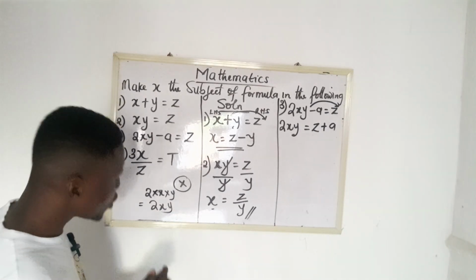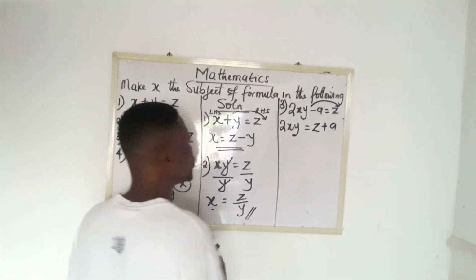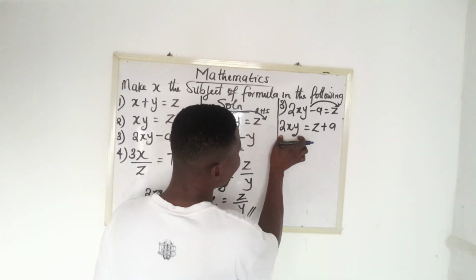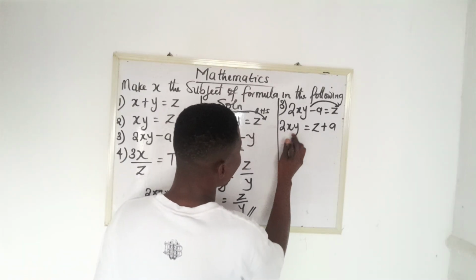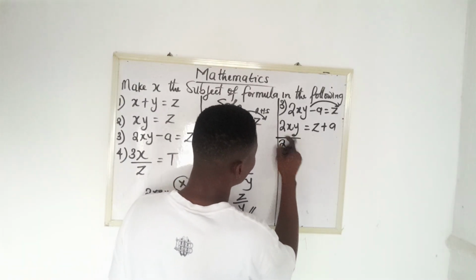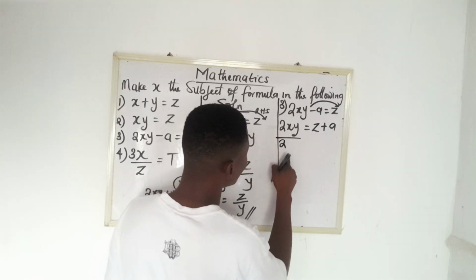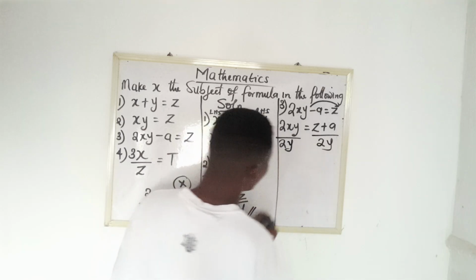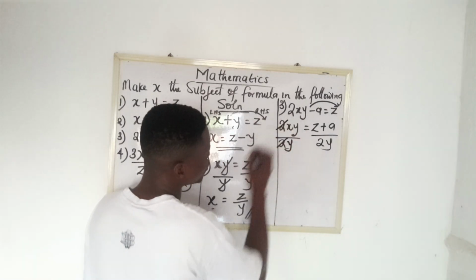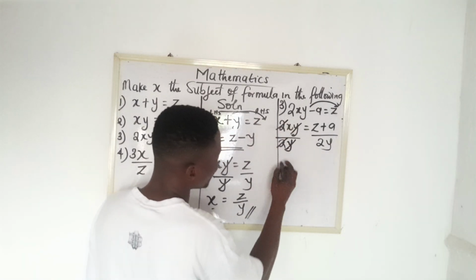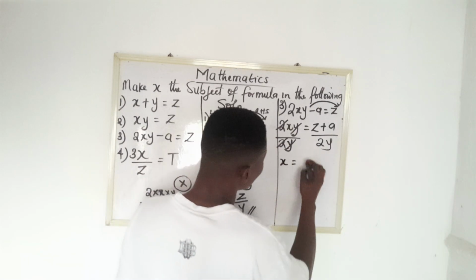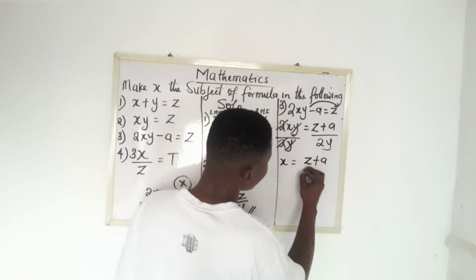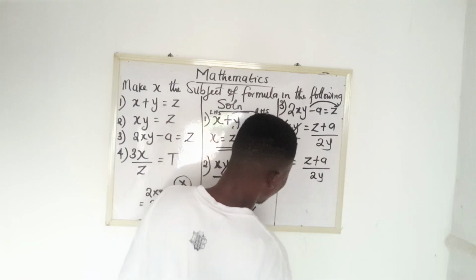So in that case, to separate them, I am going to use my division. So I'm going to divide both sides by those things that are disturbing my x from standing on its own, which are 2y. Here I divide by 2y as well, so that 2 will cancel 2 and y will cancel y. My x is equal to z plus a all over 2y.